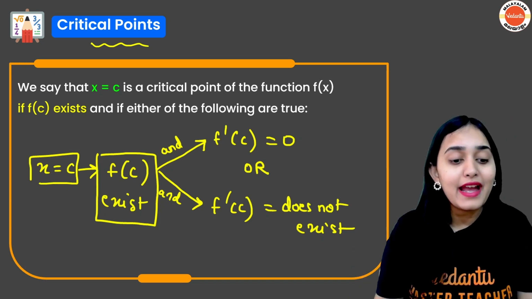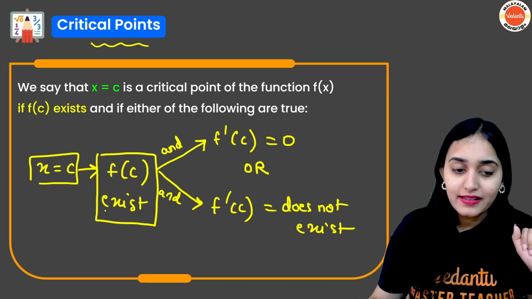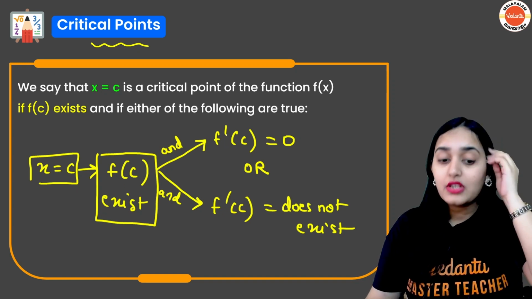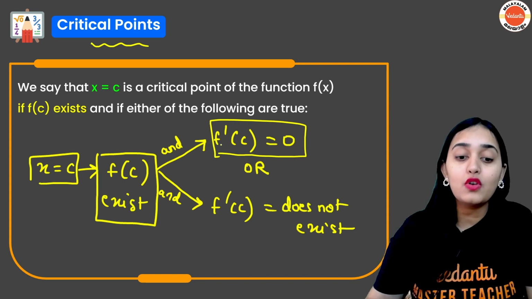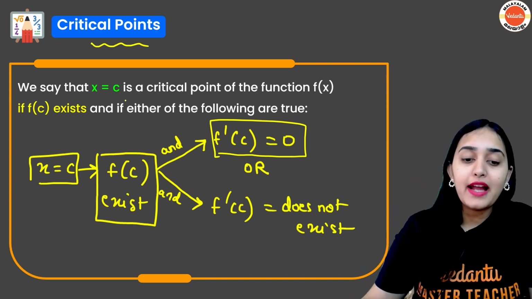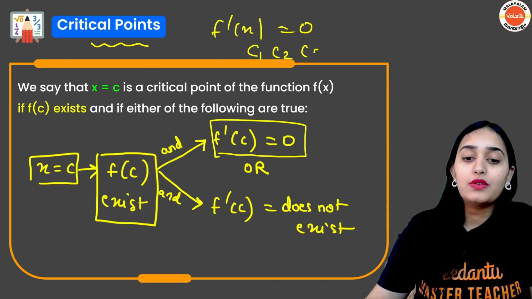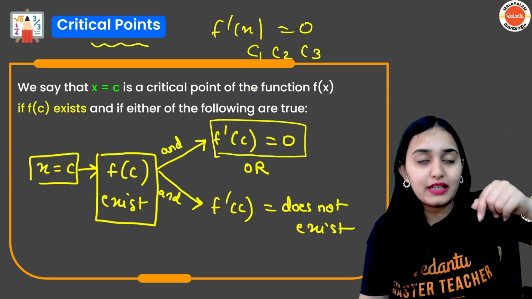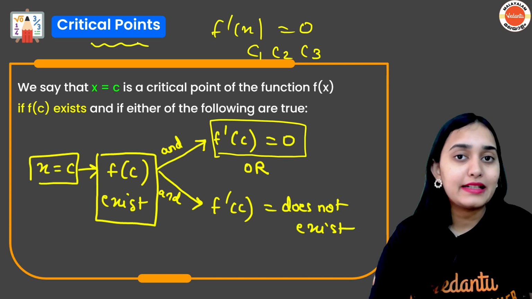How you find that? You first find f dash of x. Okay. Now, you check if f dash of c is equal to 0 for which point. Now, suppose you put f dash of x equal to 0 and you get points C1, C2, C3, that is, at these points my f dash x is coming 0. Those points are called critical points.